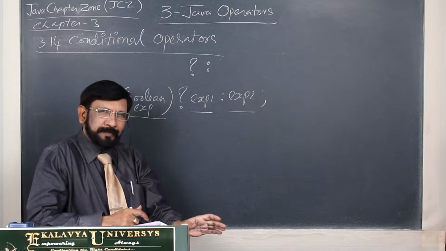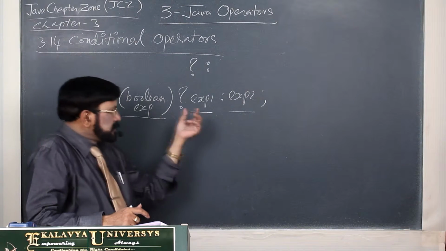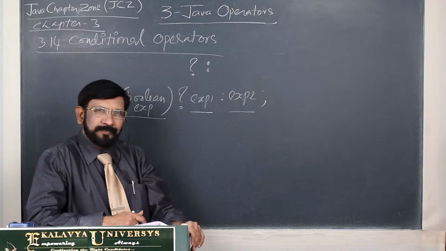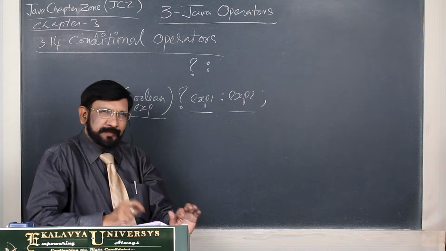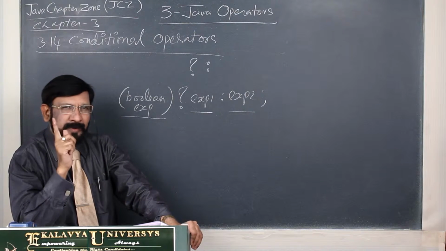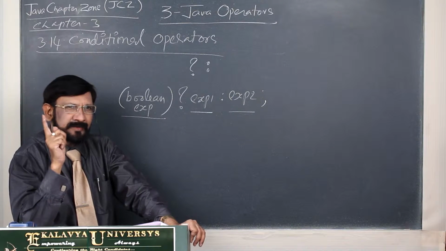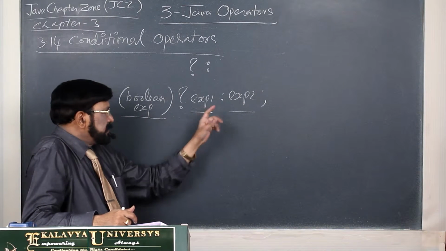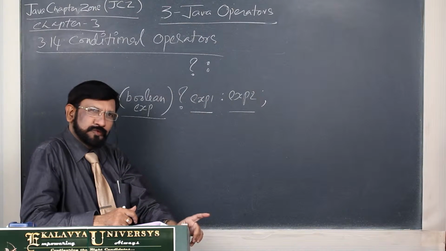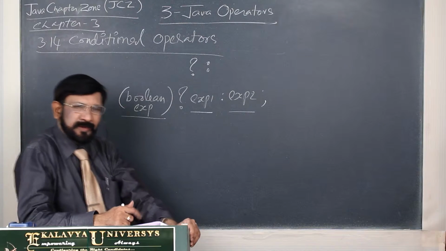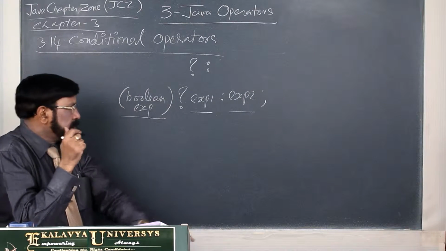It can perform it, but if the expressions are smaller, it is highly readable, and if the expressions are bigger, then it is not readable. Readability is one of the essential characteristics of a good program. That's why for bigger expressions, you choose selection control structures like if, else if, etc. In the next chapter, we are going to discuss that.